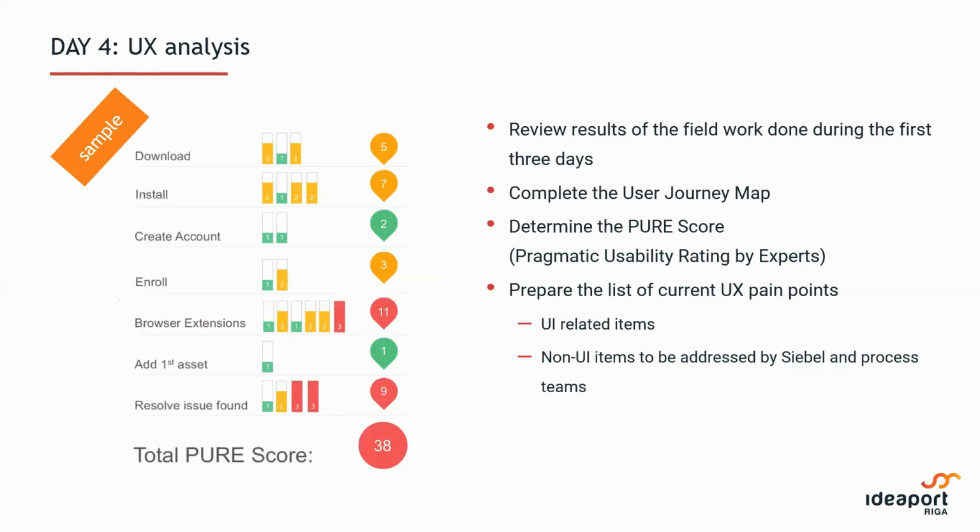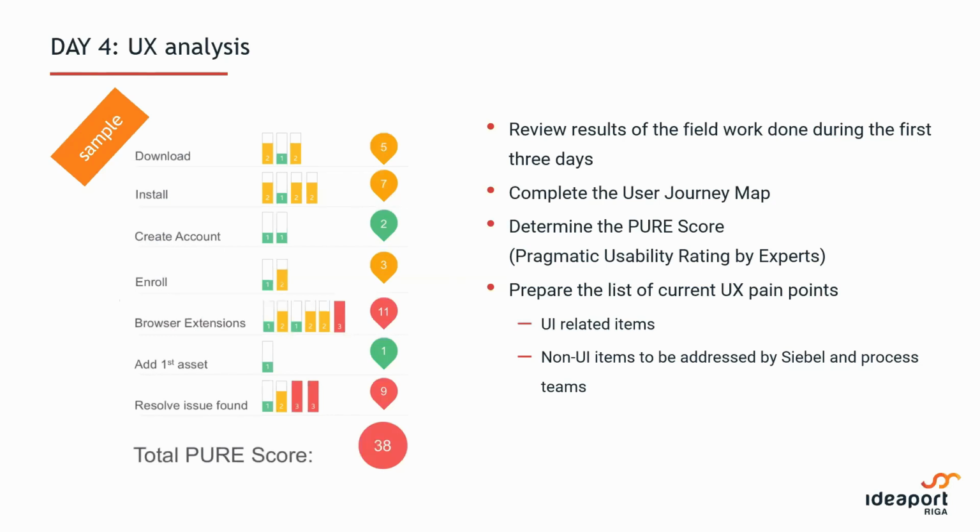And then we also prepare the list of the current UX pain points. And of course, since we are focusing on the UI in this transformation, we do not want to touch anything related to Siebel and the process, even though sometimes that's the only way to achieve better UX as well. So we split those UX pain points accordingly.